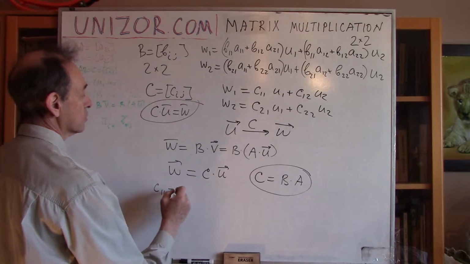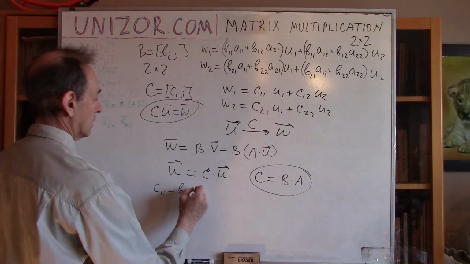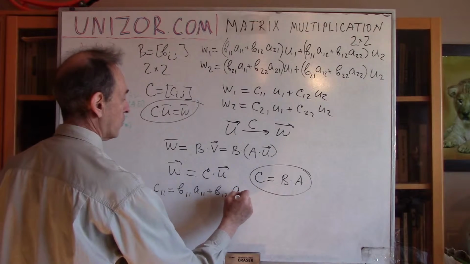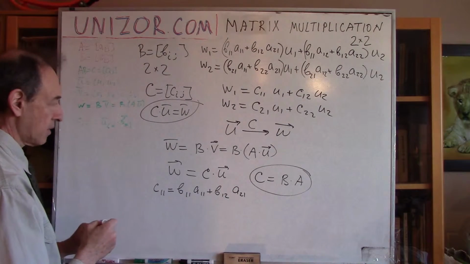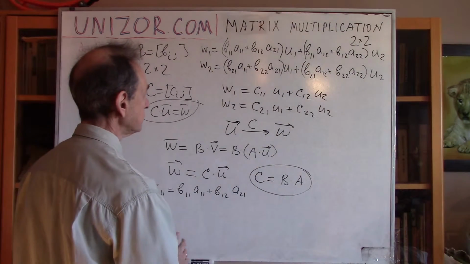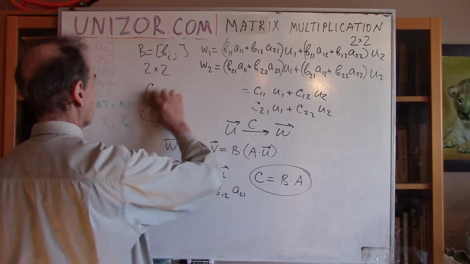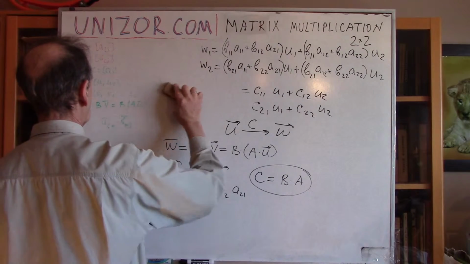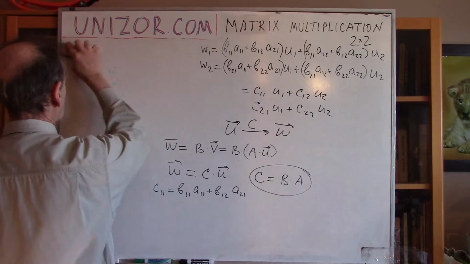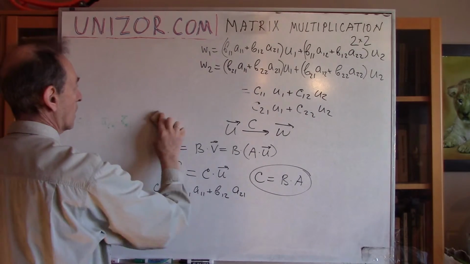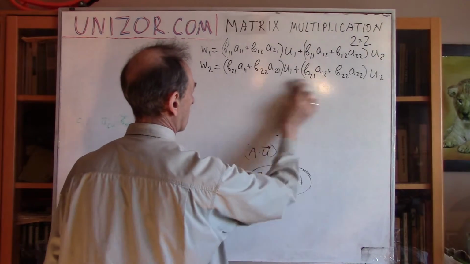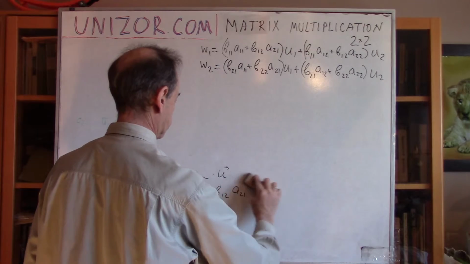C11 equals B11 A11 plus B12 A21. Okay, let's think about how it looks. All we need is this definition.